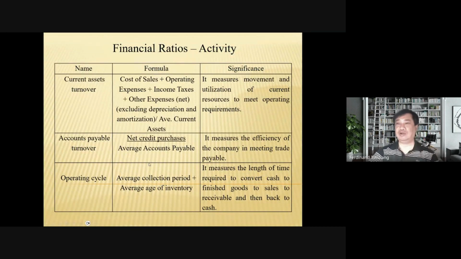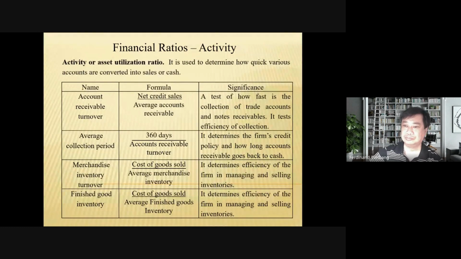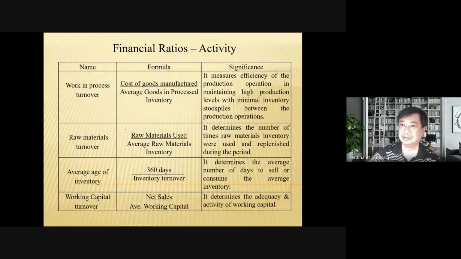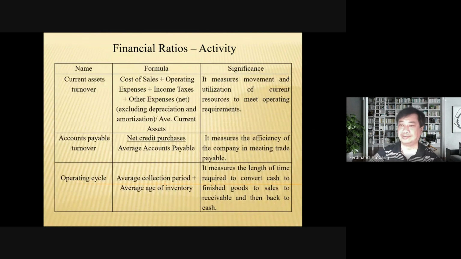Okay? Then over average accounts payable. And then you have the operating cycle. For this operating cycle, you're going to use this formula and this one. So yan, operating cycle.